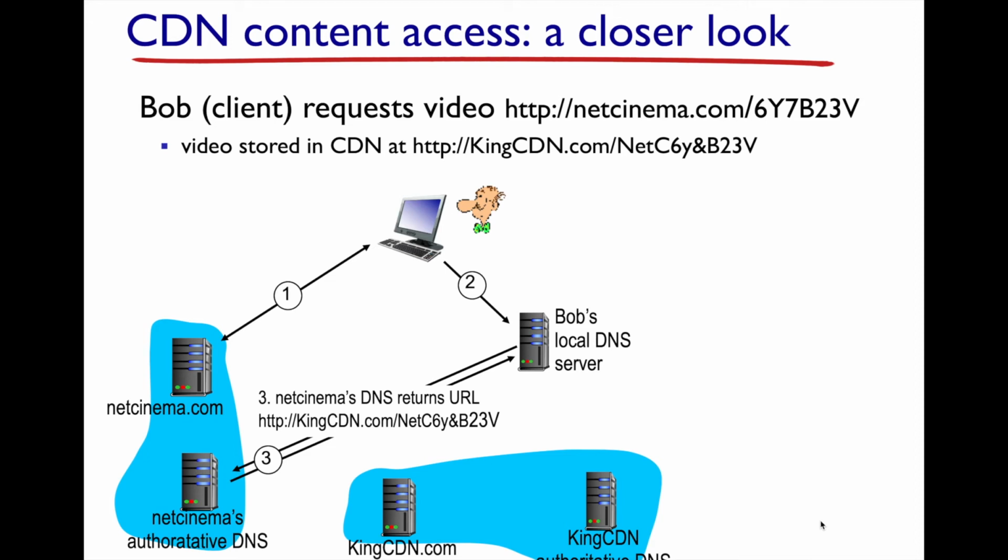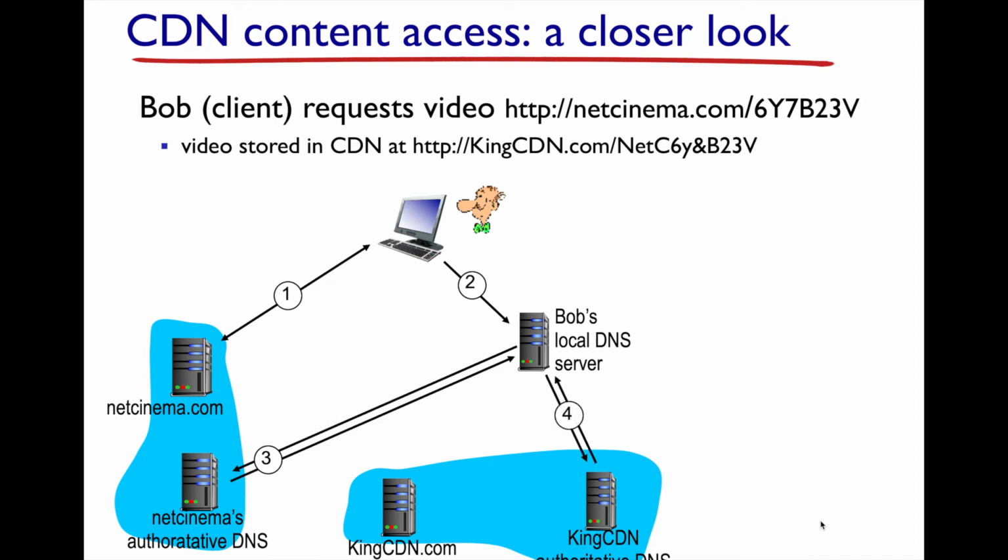And so netcinema.com's DNS says, okay, well, here's an alias, here's a canonical name, and this canonical name record entry is going to map netcinema.com with that video identifier to kingcdn.com with that identifier.